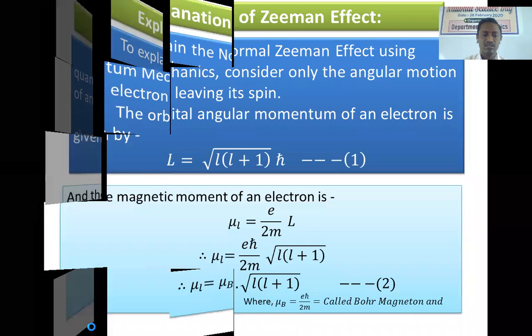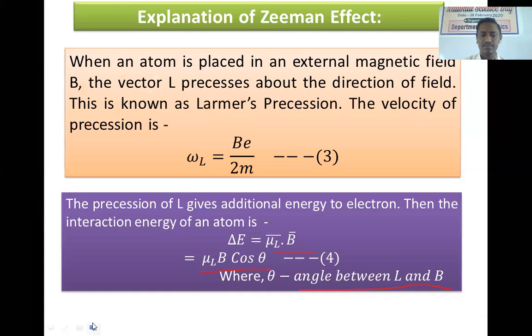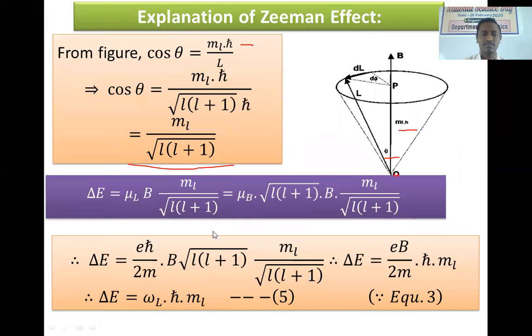Okay, so put this value in this equation of interaction energy. The equation will be mu B into under root of l, l plus 1 into B as it is, into ml as it is, upon under root of l, l plus 1. So this under root of l into l plus 1 in numerator and denominator gets cancelled. So the equation becomes mu B into capital B into ml.